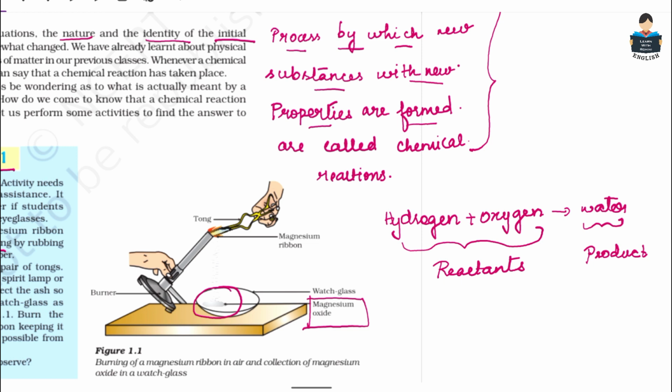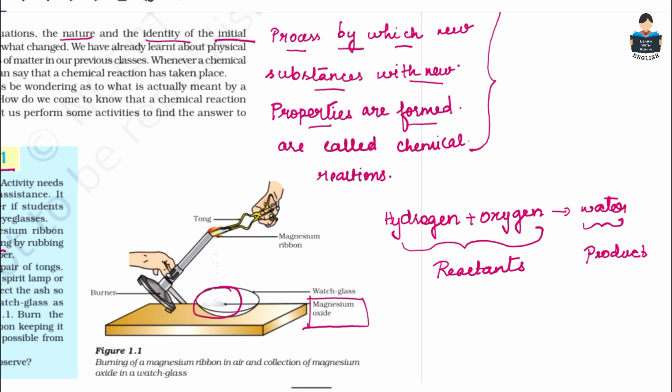As a result we get a new product with new properties. So we call this a chemical reaction. A chemical reaction is formed as a result of a chemical change.